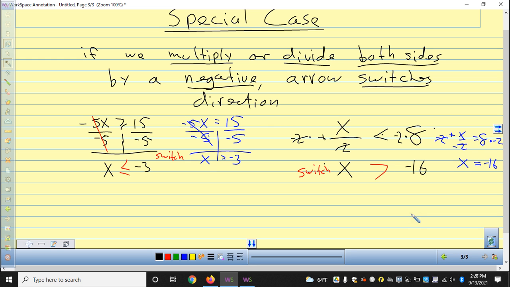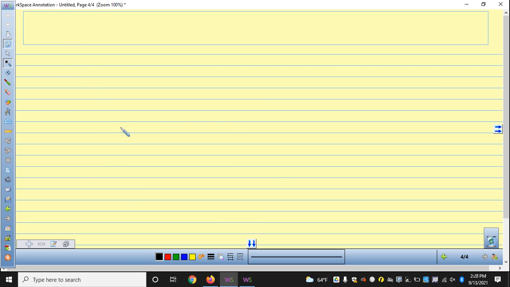Okay, I want to look at a couple more examples because there are a couple of places where it's easy to make mistakes or get confused about this rule. So let's say we had 4x is greater than or equal to -8.